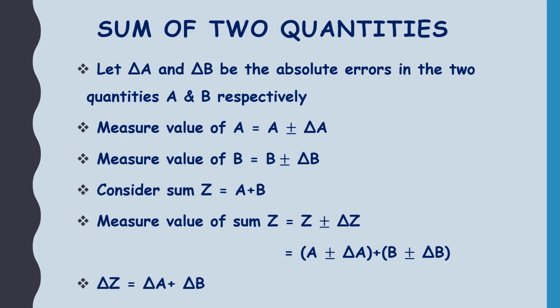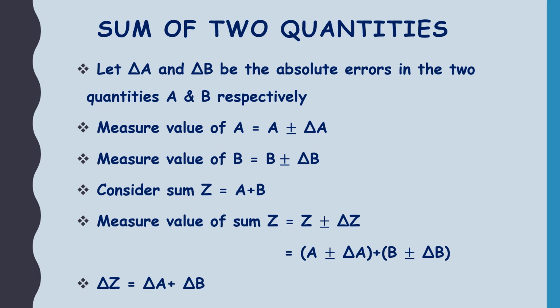The plus minus sign shows us the range of the measured value, that it may lie slightly below the true value and may lie slightly above the true value. Similarly, the measured value of B can be written as B plus minus delta B. Here B is the true value and delta B is the absolute error.